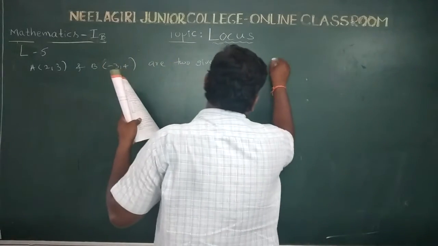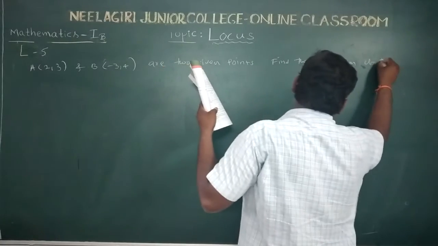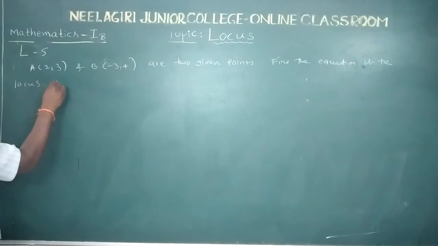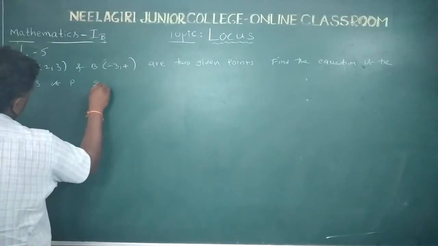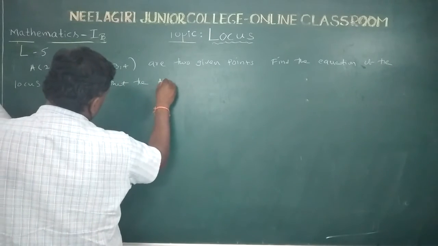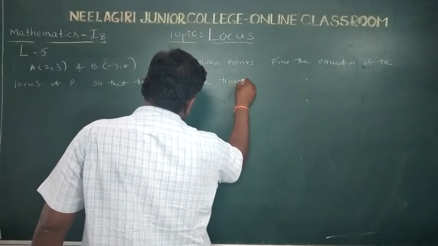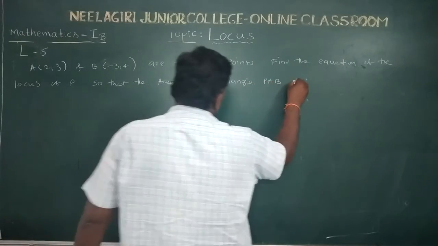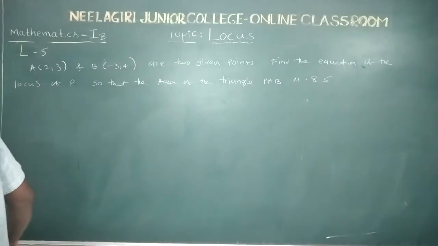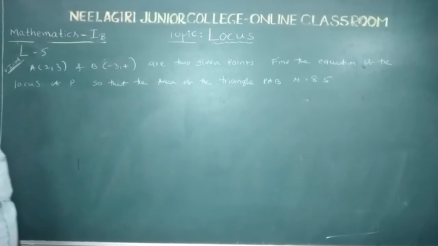Find the equation of the locus of P, so that the area of the triangle PAB is 8.5. Very important question for 4 marks.